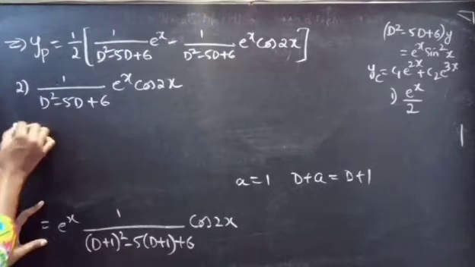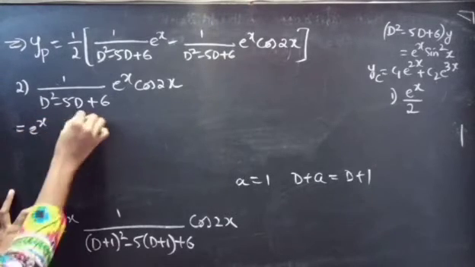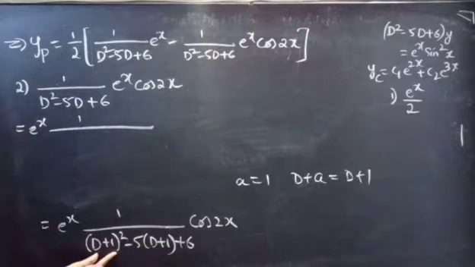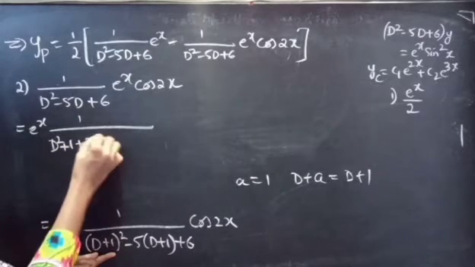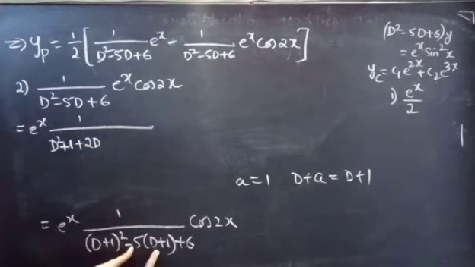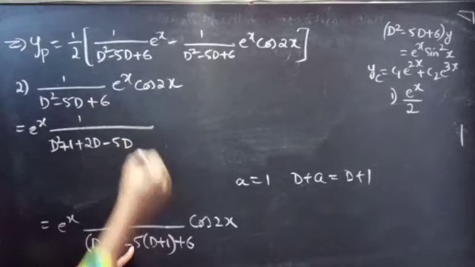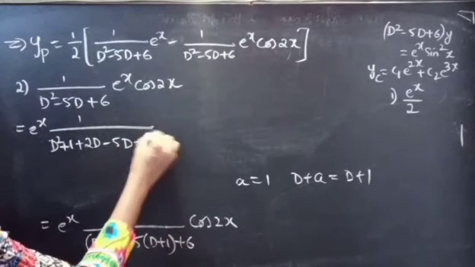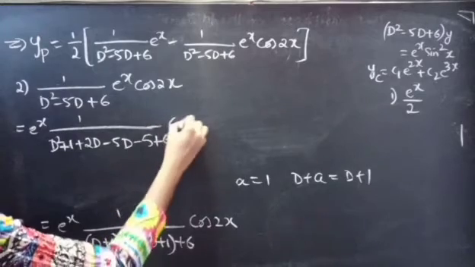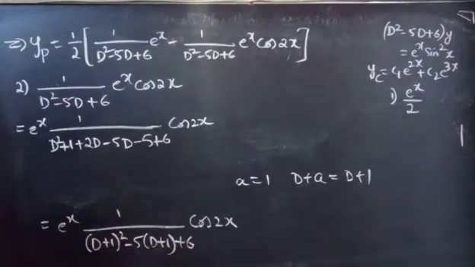This becomes e^x into 1/ expand (D + 1)² using the (a + b)² formula. We'll get D² + 1 + 2D − 5D − 5 + 6 into cos 2x.